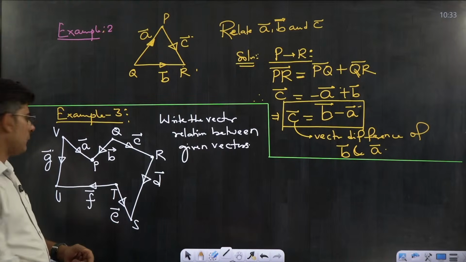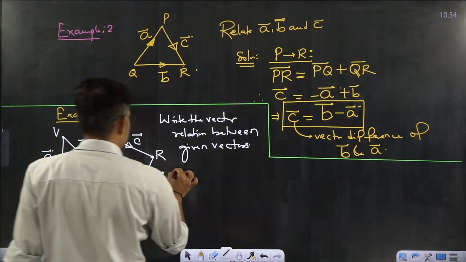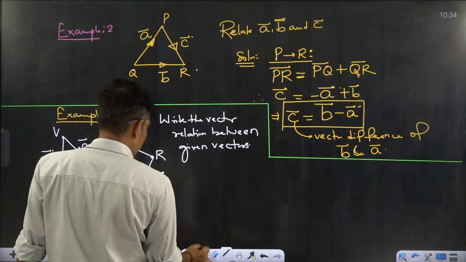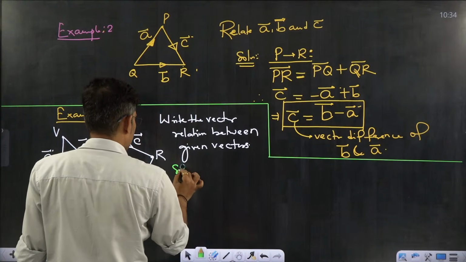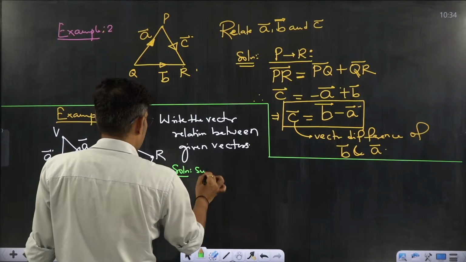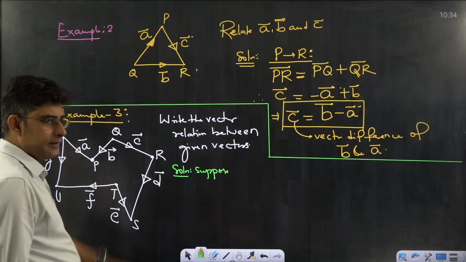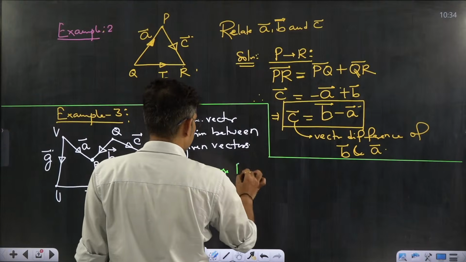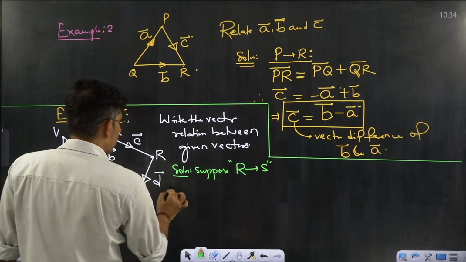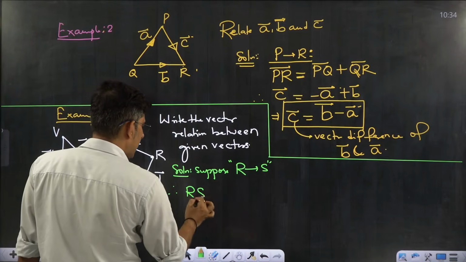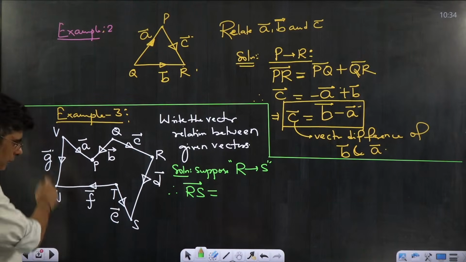So what I can do, suppose I select the points R to S. Then I will write one is direct RS, and the other will be going the opposite way.